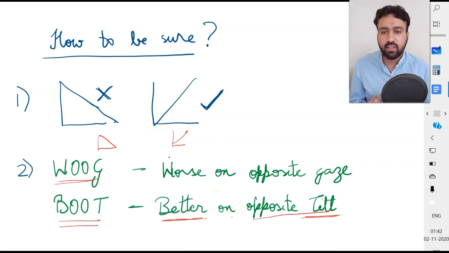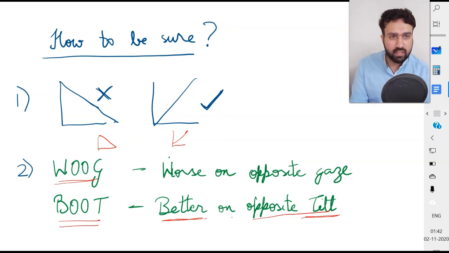Now, in addition, if you happen to get the answer as superior oblique palsy, you can use two mnemonics to cross-check your answer, right? So basically the mnemonics are BOOT and VOOG. So in superior oblique palsy, the diplopia or the hypertropia is going to be better on opposite tilt, right? So BOOT, and it is going to be worse on opposite gaze, right?